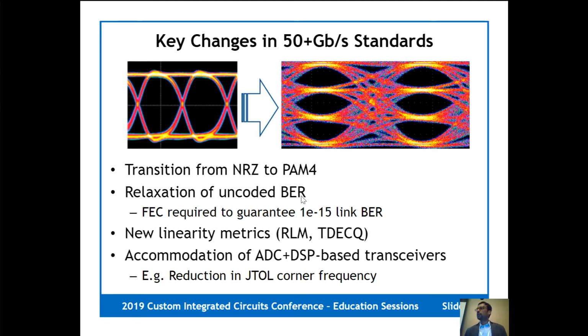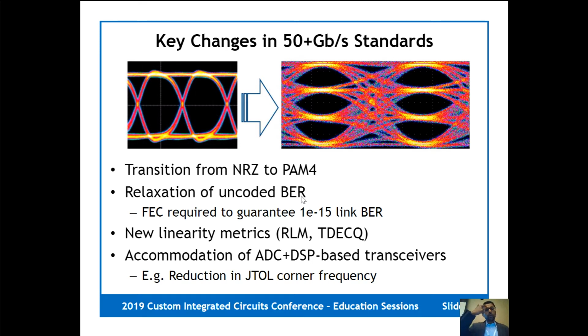Obviously, with multi-level signaling, there are also new linearity metrics like ratio level mismatch and TDECQ that we'll talk about in more detail subsequently. And this obviously has some design implications too. It places new constraints on both your transmitter and receiver circuits in order to maintain linearity in your signal chain. And finally, the standards are also now explicitly accommodating ADC and DSP-based transceivers, or they made changes to accommodate these transceivers, whereas previously they were largely agnostic of the actual implementation.